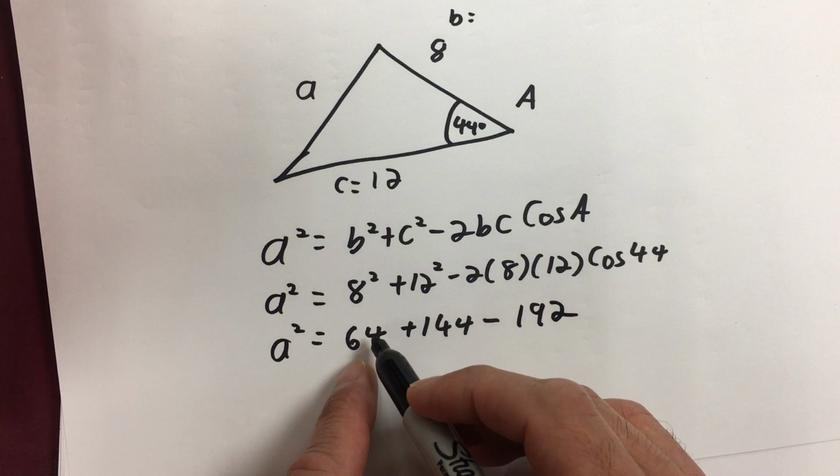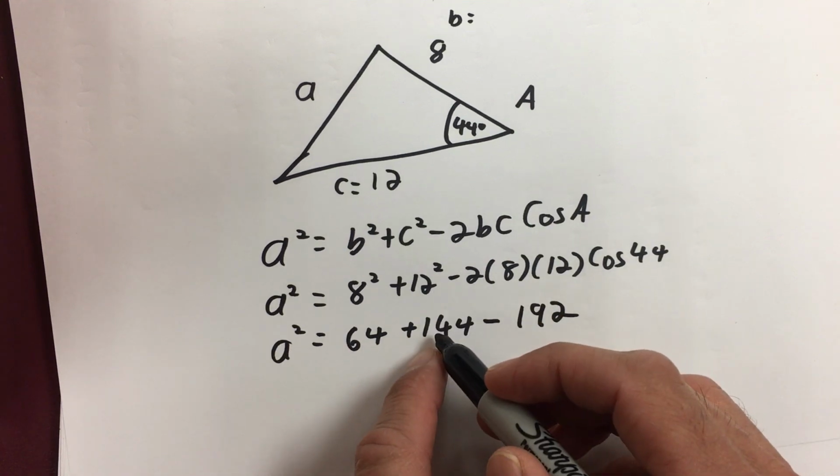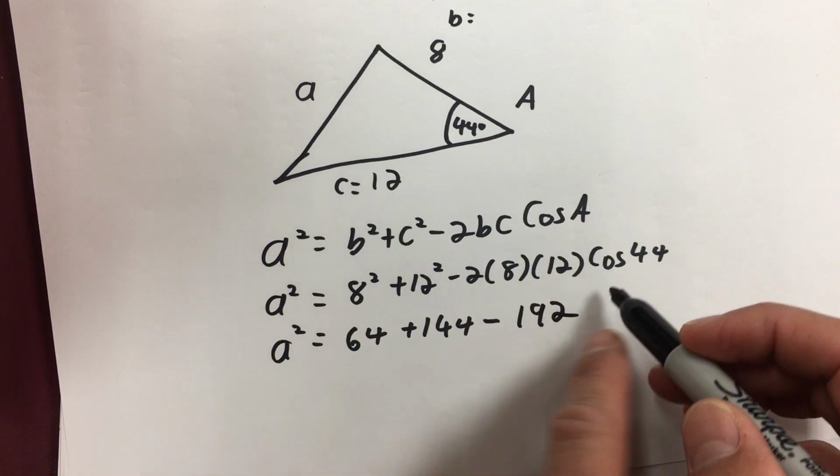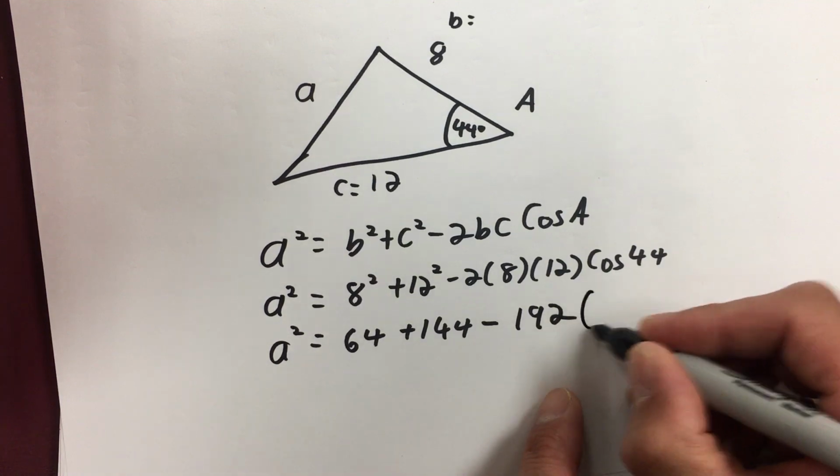Okay, so that's 64 plus 144 minus 192 times the cosine of 44.